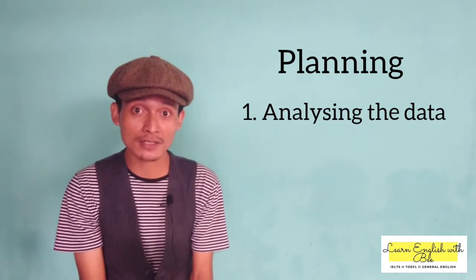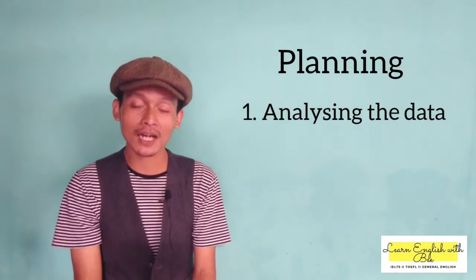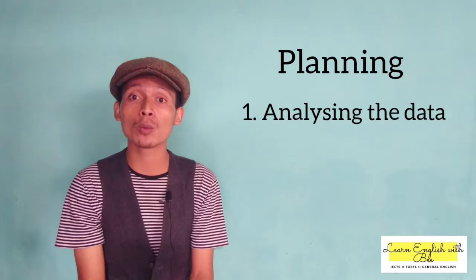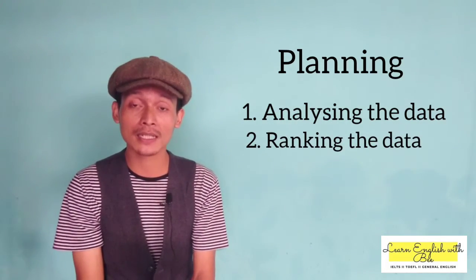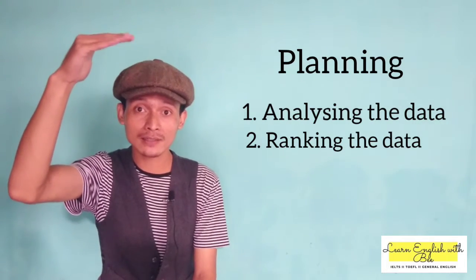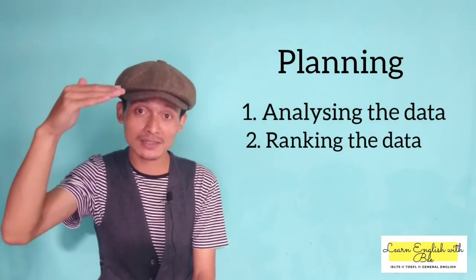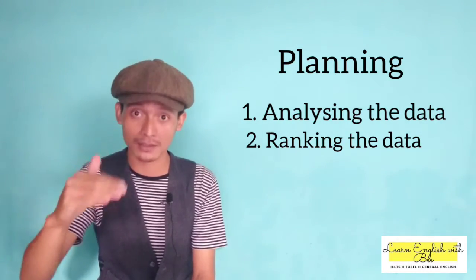Numbers and percentages, we need to analyze those things. And then after analyzing numbers or percentages, we need to rank the information. Which one comes as the highest, and then the second highest, and then the third highest, probably until the last one.